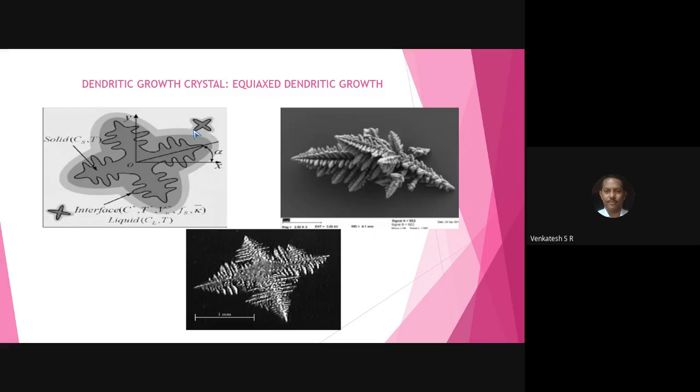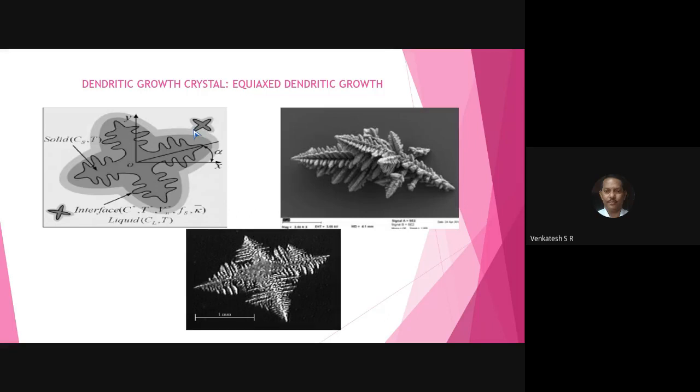Next line: the heat transfer between the liquid metal and the bottom of the mold cavity. Bottom of the mold cavity.